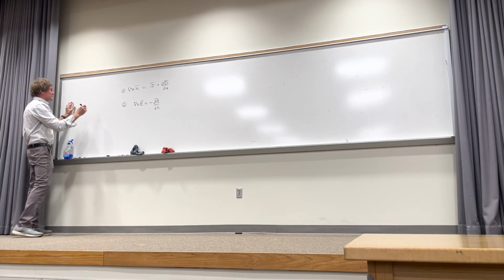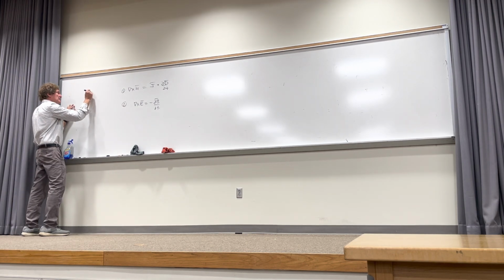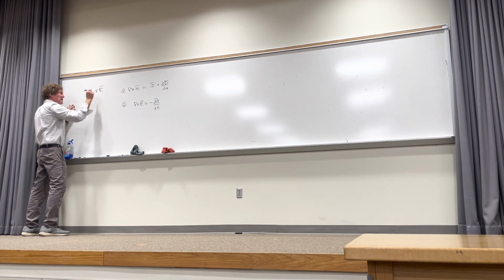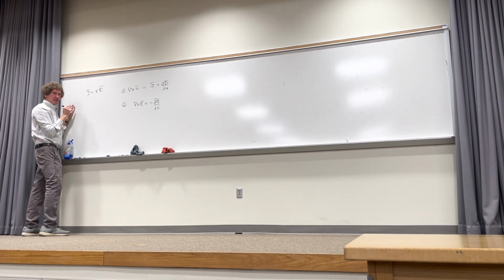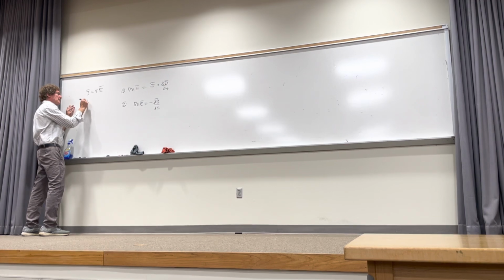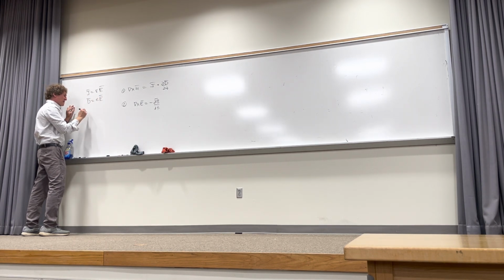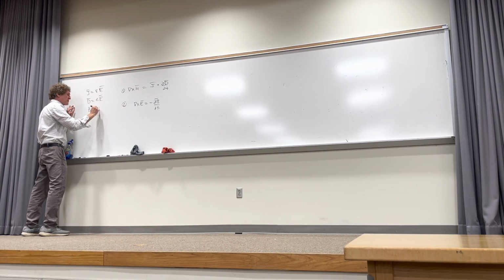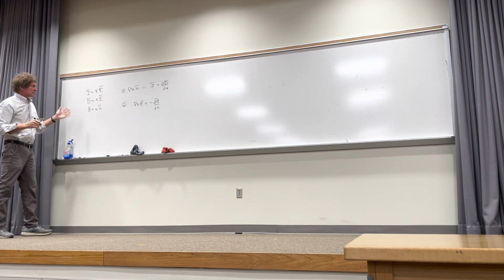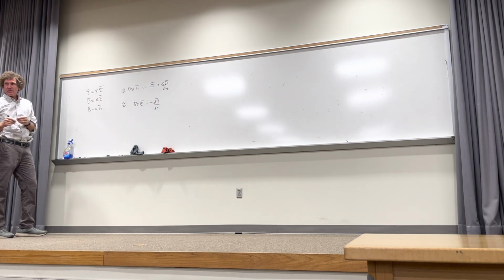If you look at this, J is equal to sigma E, that's for materials with conduction, right? D is equal to epsilon E, and B is equal to mu H. Those are the relations that couple every parameter. Do y'all follow me on this?